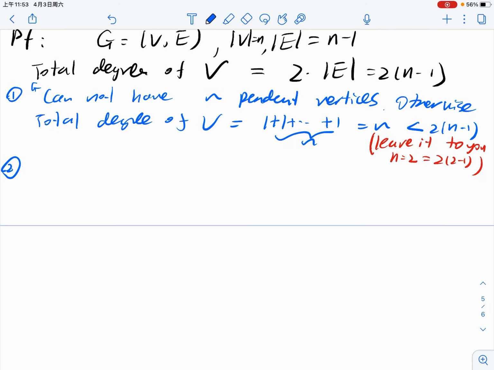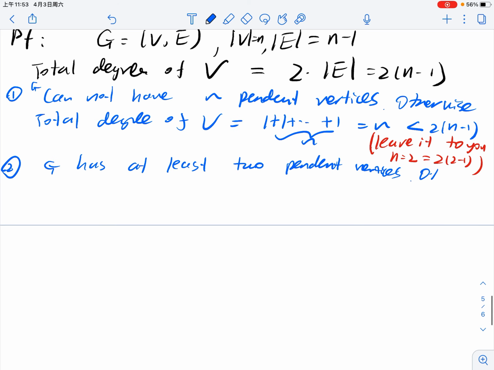So from the first claim we know that you have at most n minus 1 pendant vertices, and then by the second claim, G has at least 2 pendant vertices.